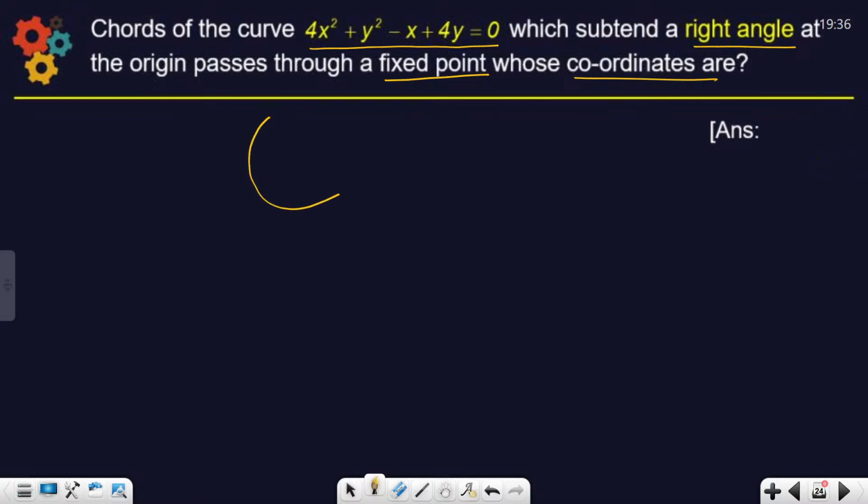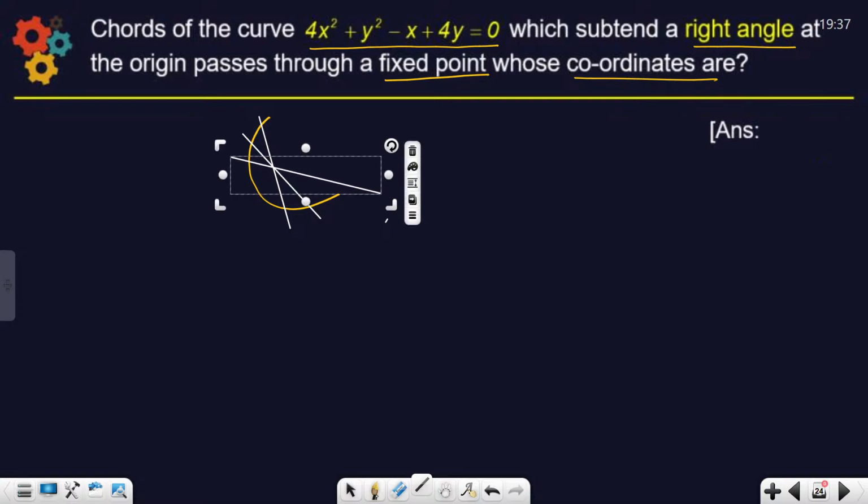This is a curve. Now, see, there are a lot of chords here, right? But those chords are all passing through a fixed point, right?